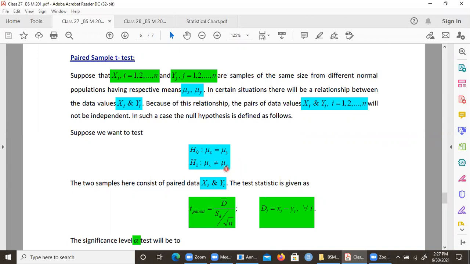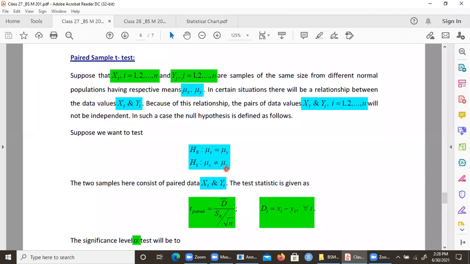So my sample of CSE students comes from the population of CSE students all over the country or all over the world. You are just the sample of all the CSE students of, say, West Bengal or India, who remain fixed. My sample is fixed. I am pre-testing them, I am post-testing them.